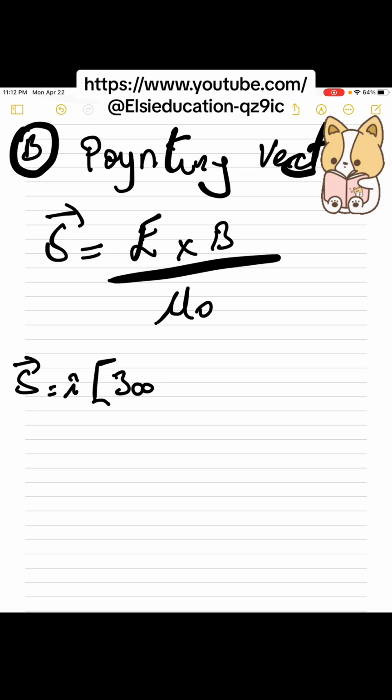So 300 multiplied by minus 14.6, we're going to do a crisscross.